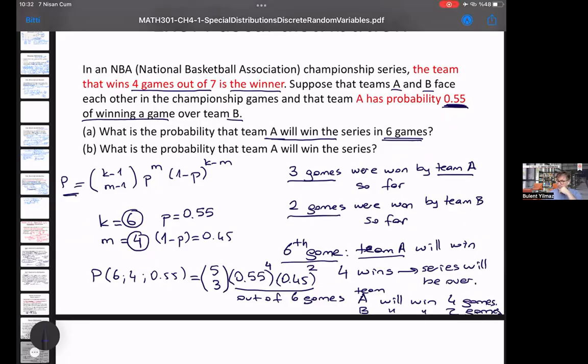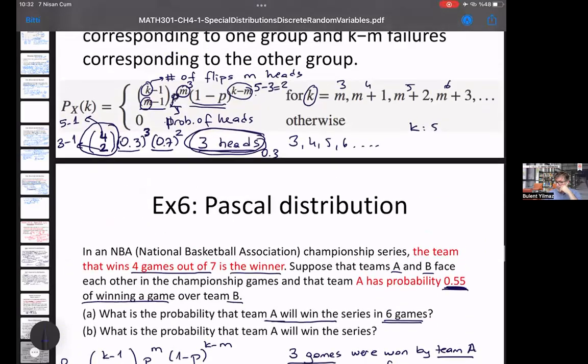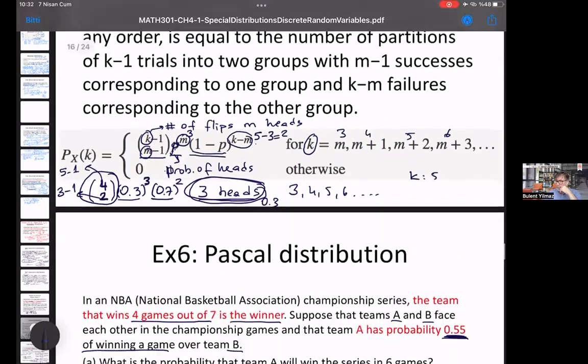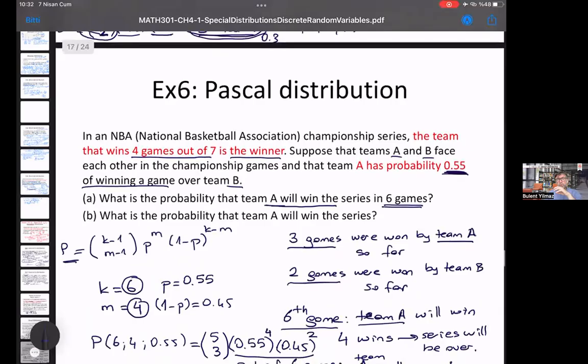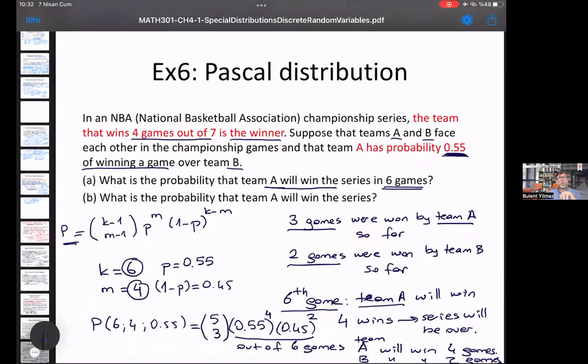Okay. So that was the Pascal distribution, and I was trying to find out how many times, until obtaining a certain number of heads, or until obtaining a certain number of females coming into the group.